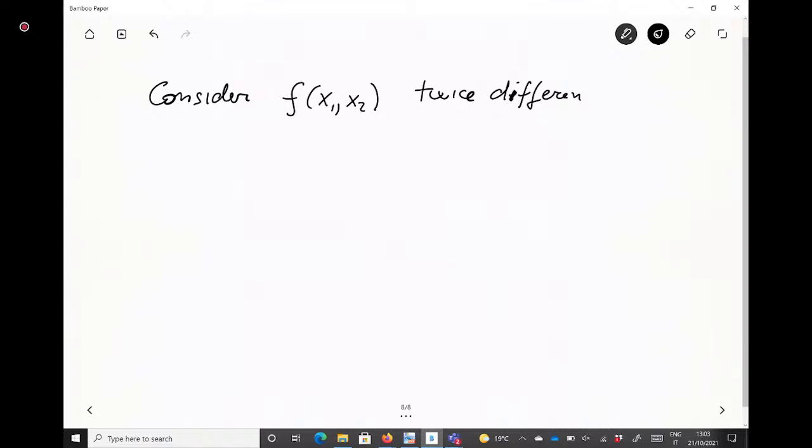The same here. A twice differentiable function of two variables is a surface for which it makes sense to provide an approximation with a quadratic form, okay? So a twice differentiable function of two variables is a very regular surface in the space.